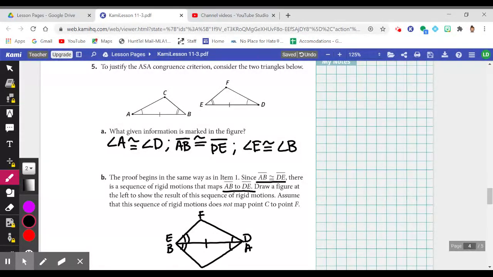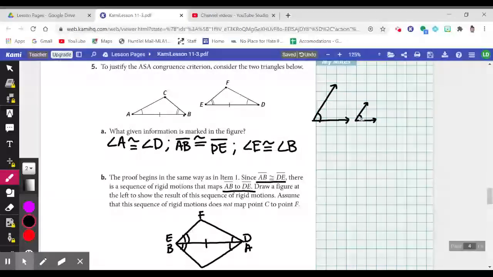They definitely look like the same distance. And likewise, the distance from C to B, we don't know if it's necessarily the same distance as E to F. Now, again, it looks like it, but what we do know is that angle A is congruent to angle D. Line segment AB is congruent to line segment DE, and angle E is congruent to angle B. So remember, for 2 angles to be congruent, it has nothing to do with the length of the rays.